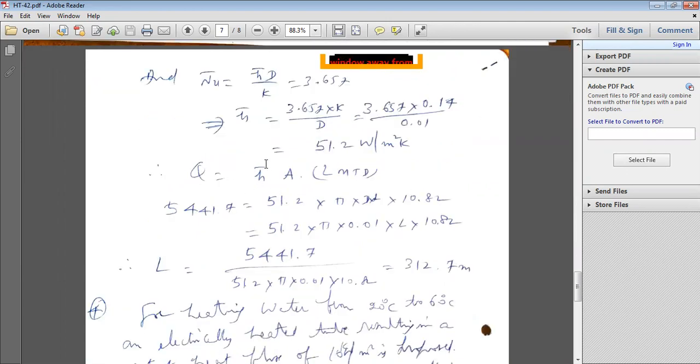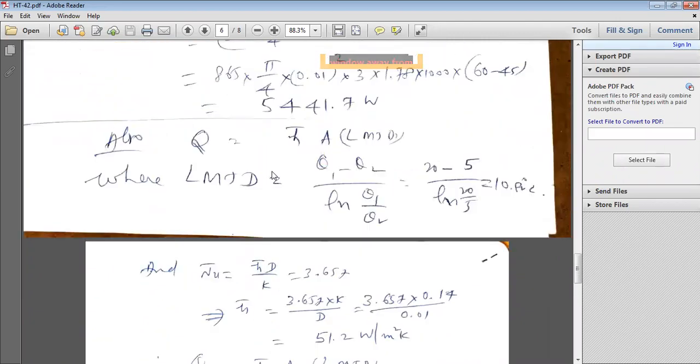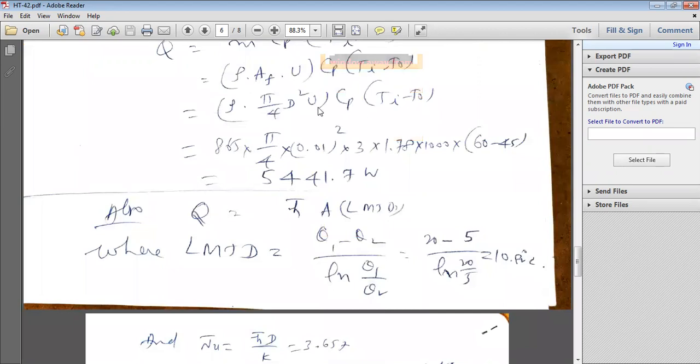So we have the convection heat transfer rate equation, Q is equal to hA delta T, that is LMTD, log mean temperature difference. You require Q here. Already you have calculated Q from this relation.